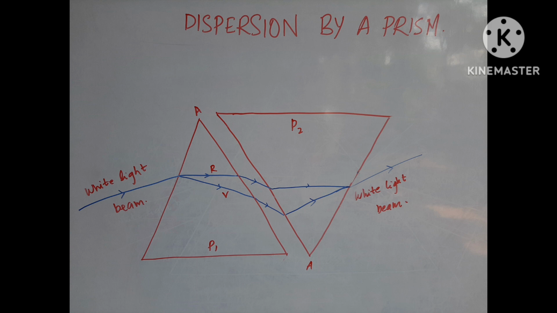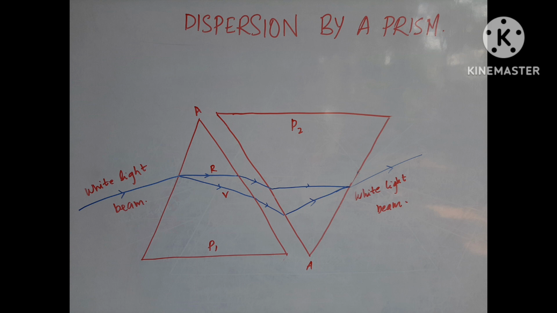So the prism itself has the capability of dispersing color and rejoining it into a white beam. This is the pattern of things happening in dispersion.